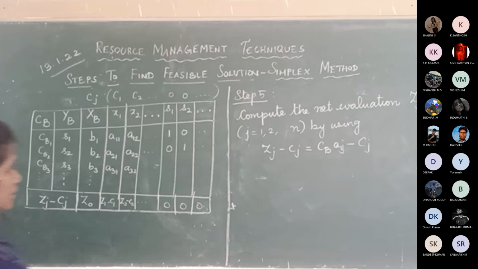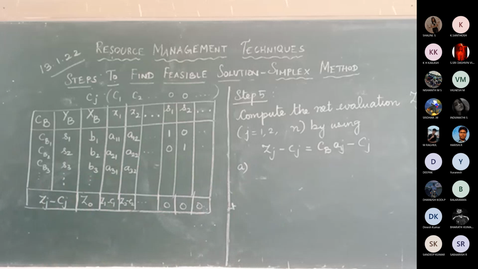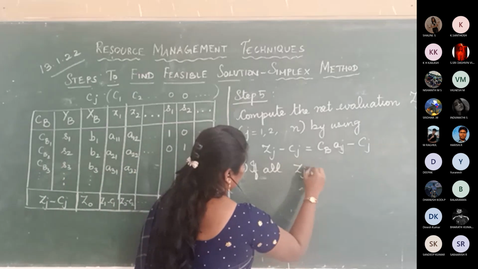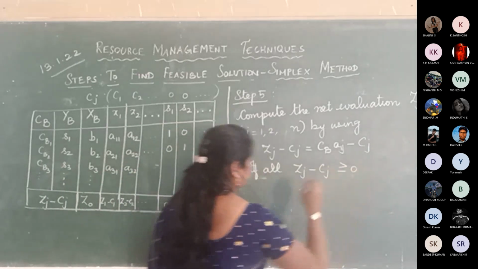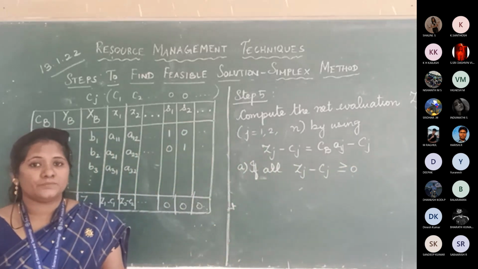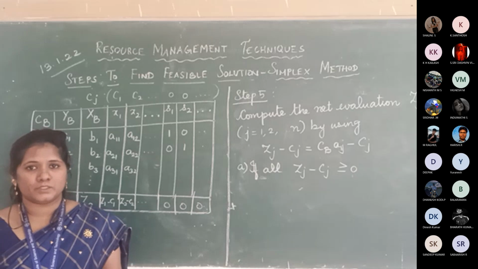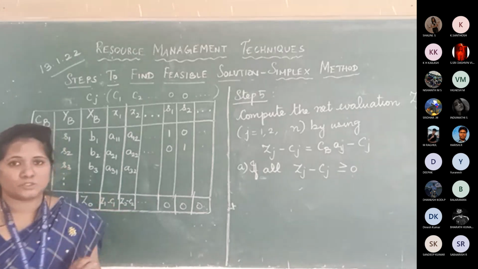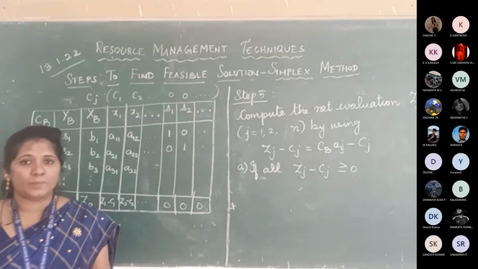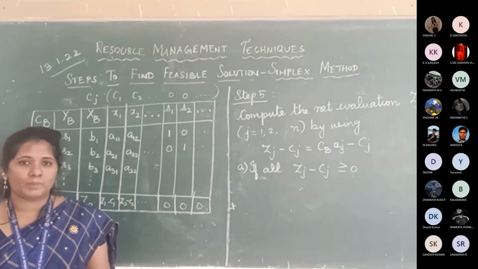In this itself, we have two options. If all your Zj minus Cj is greater than or equal to 0, that will become your optimal solution. If it is not greater than or equal to 0, that is not your optimal solution, and you will have to do the iteration again. This first tabular column is just your initial basic table. Next, you find out your Zj minus Cj. If it is greater than or equal to 0, you can stop, and that will become the optimum solution.